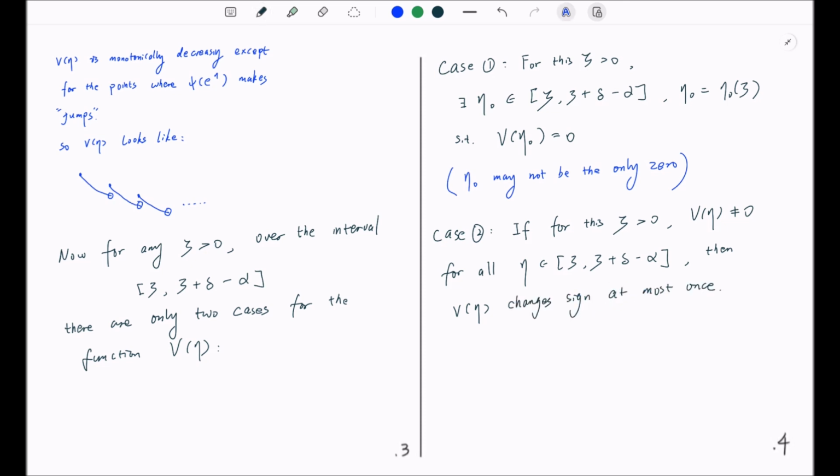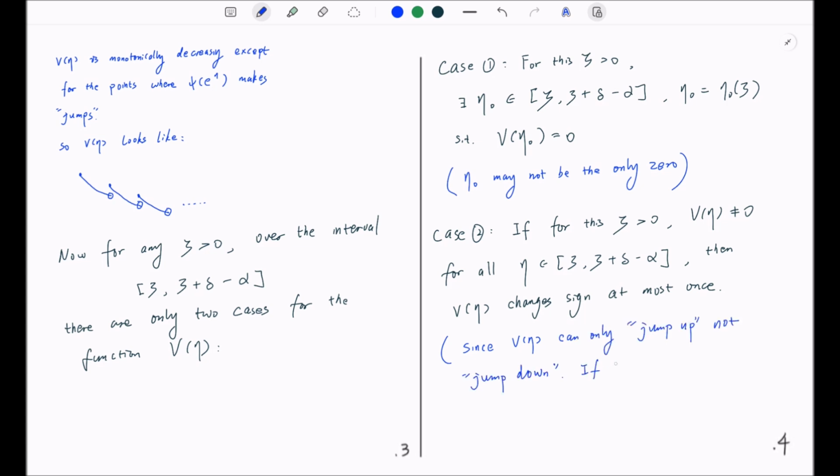This can be seen from the picture. Let me add some explanation. Since v of eta can only jump up, not jump down.